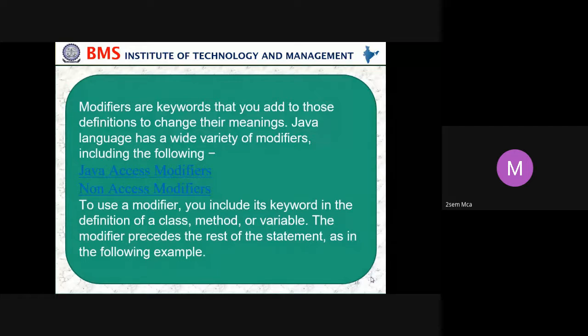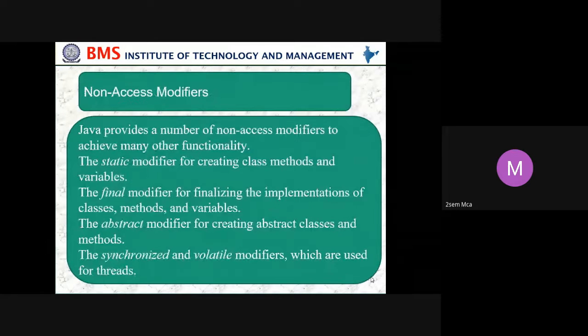And we saw one more category, the non-access modifiers: static, final, abstract, synchronized, and volatile. Non-access means they are still called modifiers, but they are not affecting the access.